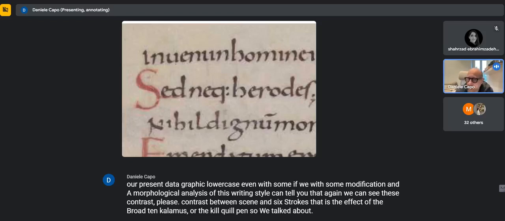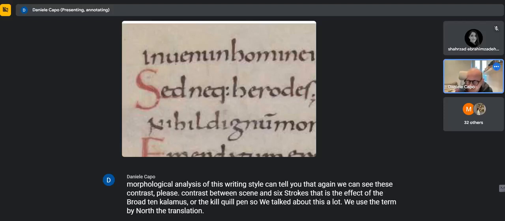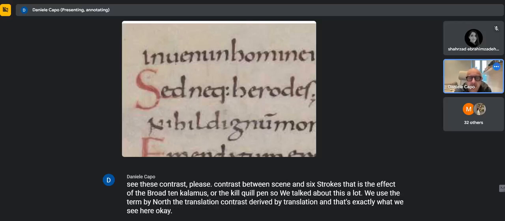We talked about this a lot. We used the term contrast derived by translation, and that's exactly what we see here.